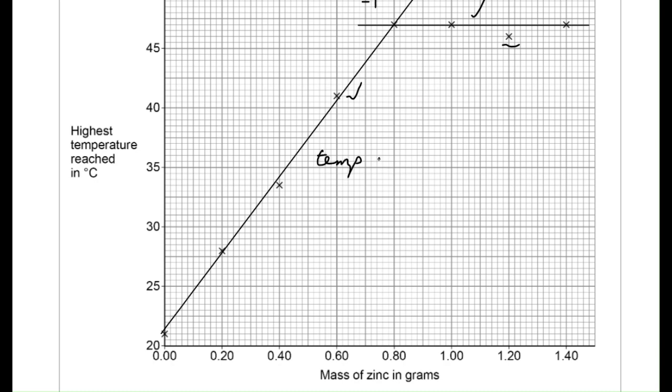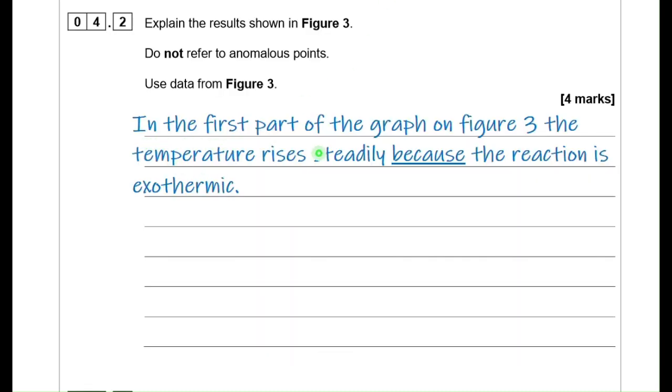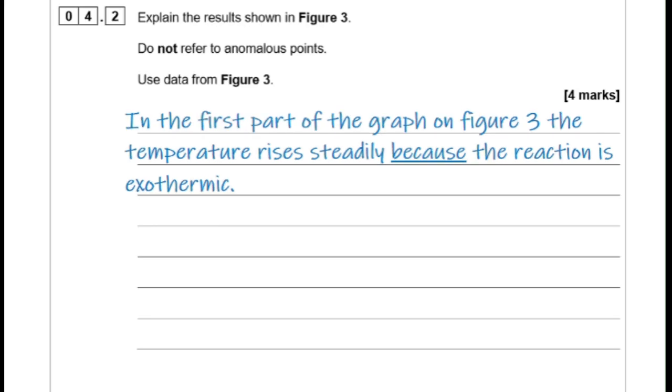This tells us that the temperature is rising at a constant rate, and we've got to ask ourselves, because this is an explain question, why? Why? Because this reaction is exothermic. So, for our first 2 marks, we can write on the answer grid, in the first part of the graph on figure 3, the temperature rises steadily because the reaction is exothermic.